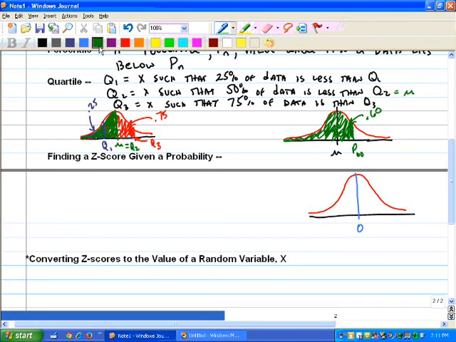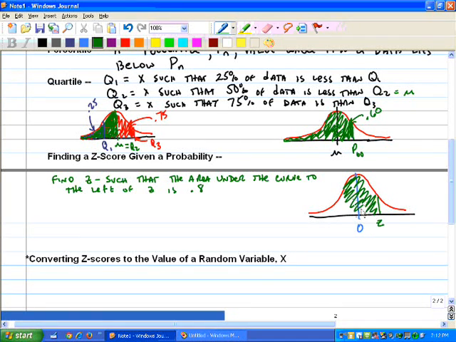So if we want to find z such that the area under the curve to the left of z is 0.8, we're looking for the z to the right of the mean.